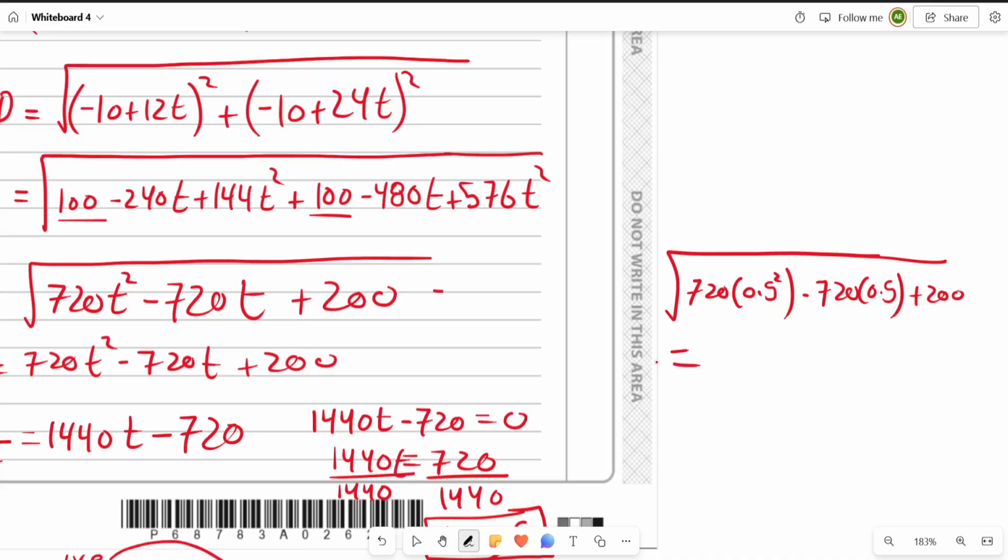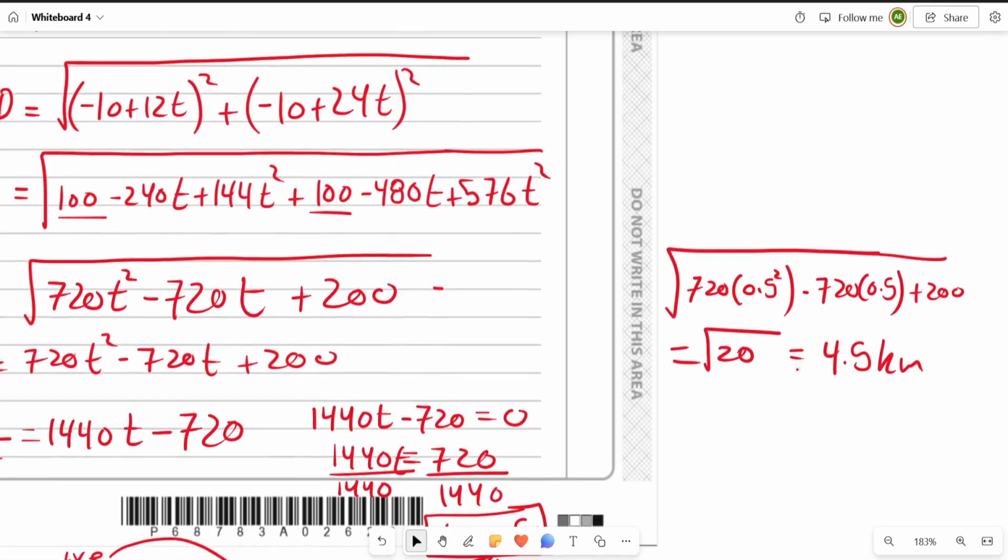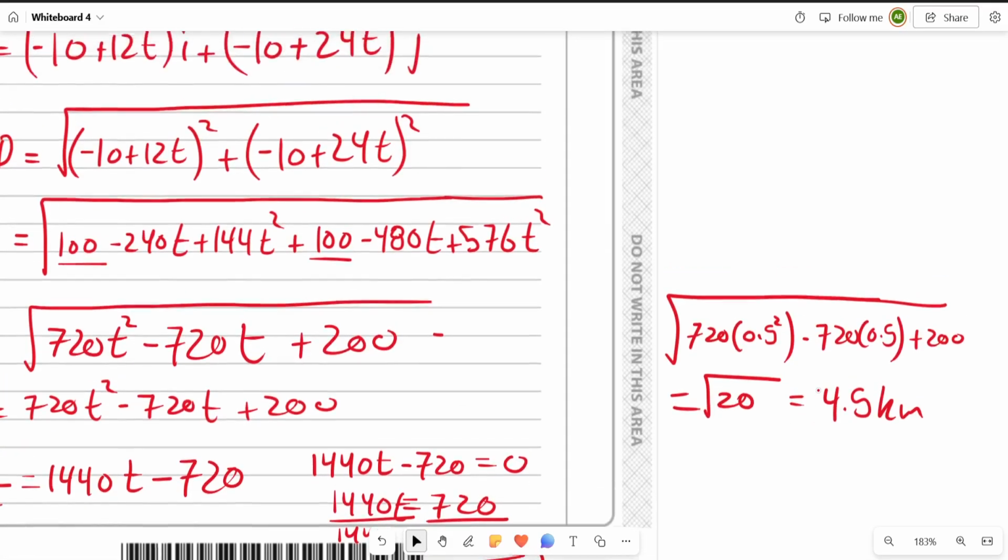This is going to give me my distance, which is going to be the root of 20, which is equal to around 4.5, and the unit here is kilometers. Never forget your units to not lose marks. So this is basically the minimum distance that they will be near each other. There will not be at any time any distance lower than this for the distance between A and B.